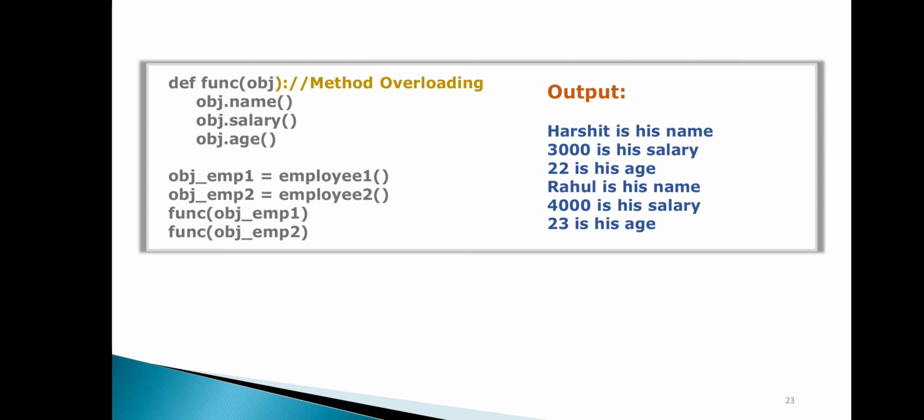Okay, the runtime polymorphism. Runtime polymorphism, also known as dynamic polymorphism, gets resolved at runtime. One of the common examples of runtime polymorphism is method overriding.